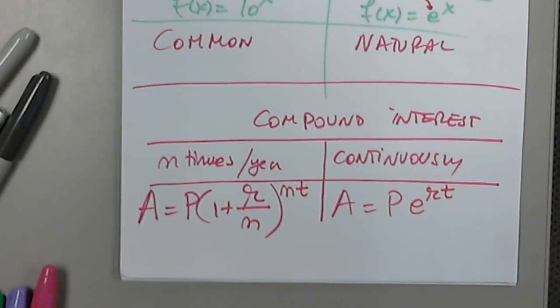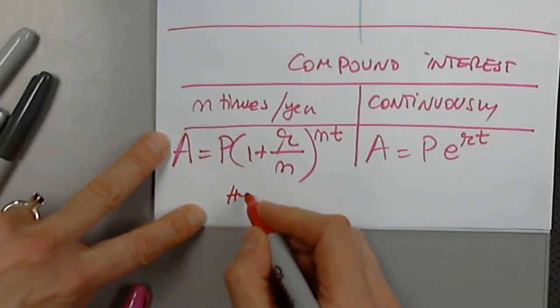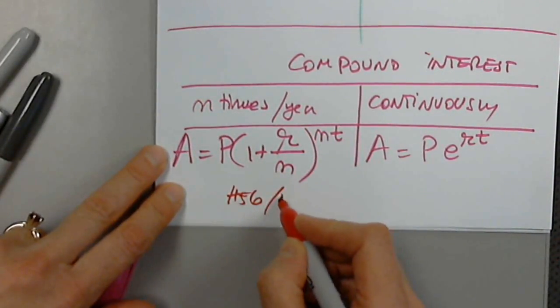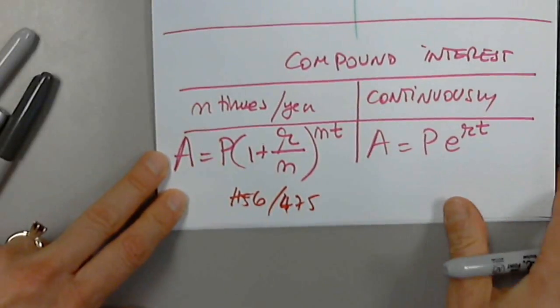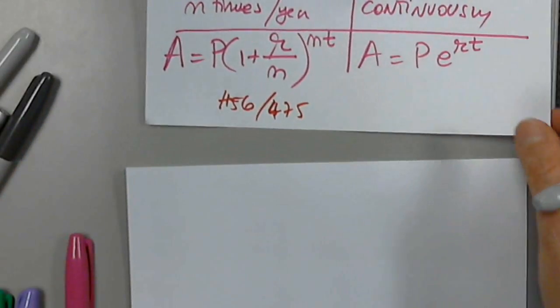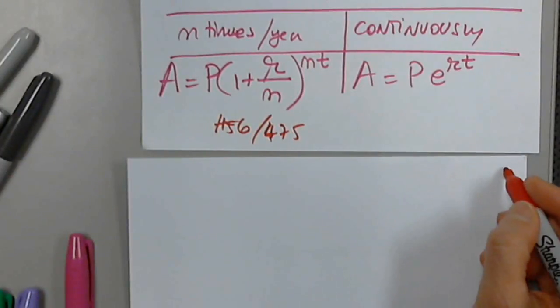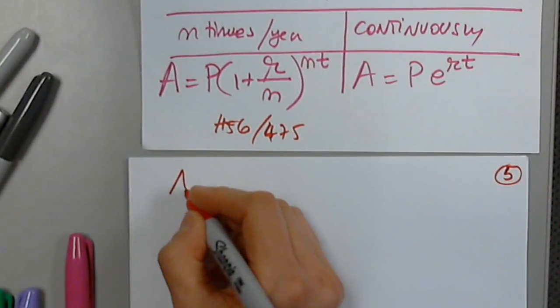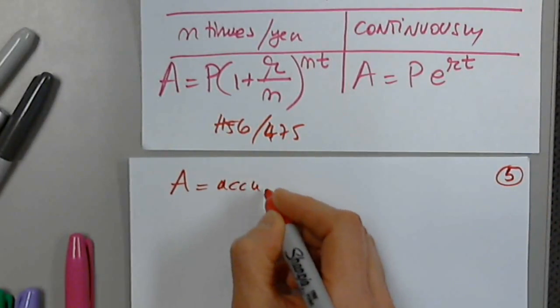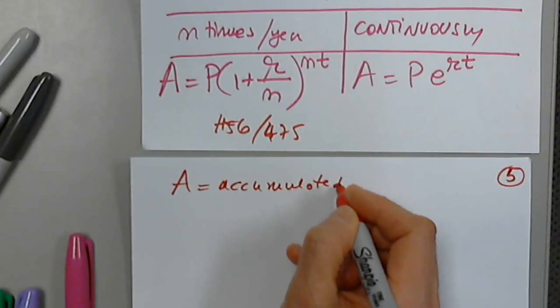So now let's look at one problem, number 56 on page 475. I have to identify what they all mean first before we look at the problem. Okay, A is the accumulated value.